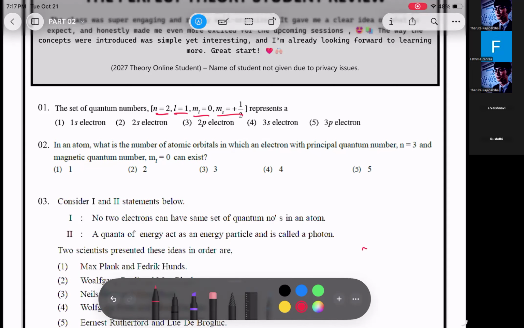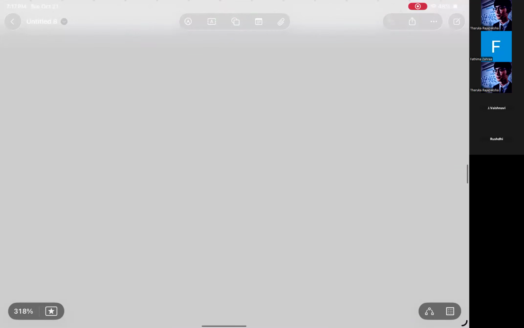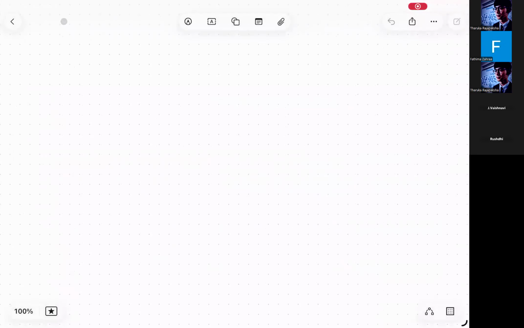Now, people, if I revise quantum numbers yet again, there are 4 quantum numbers which you have to deal with.